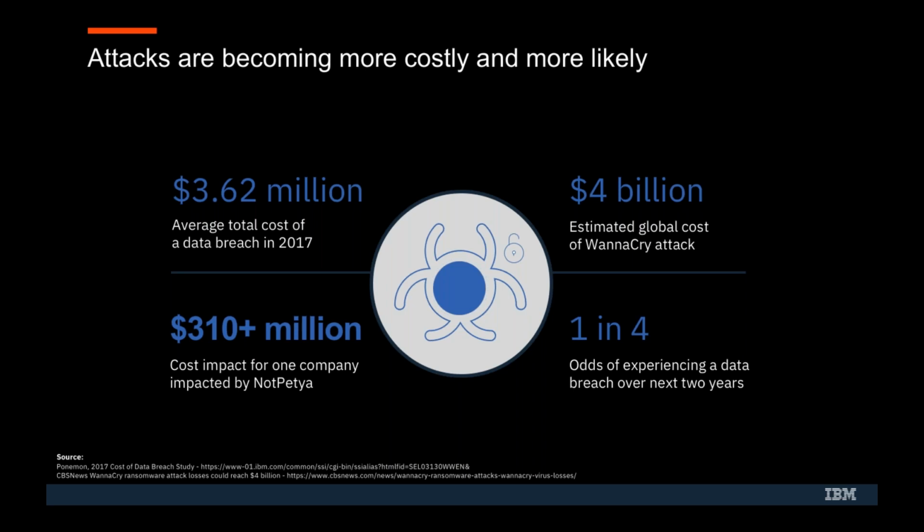Just the odds of that are, I mean, it's a near likelihood that you're going to face this problem. And so it's not really a question of whether you're going to face the problem, but really when.